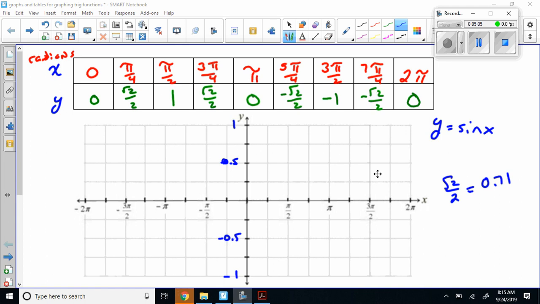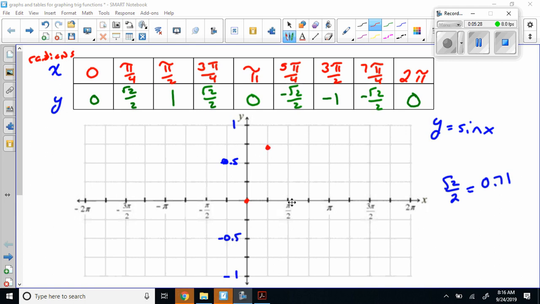All right, so let's see if you've got what I'm getting here. So color 0, 0. There you go. This is pi over 4, and I need to be at a little bit right about in there, right?